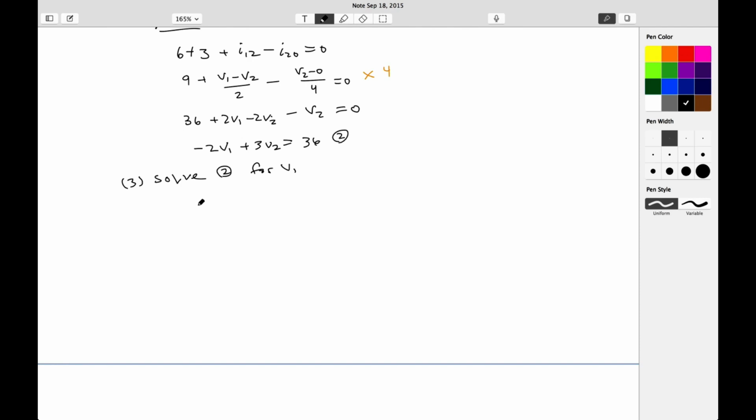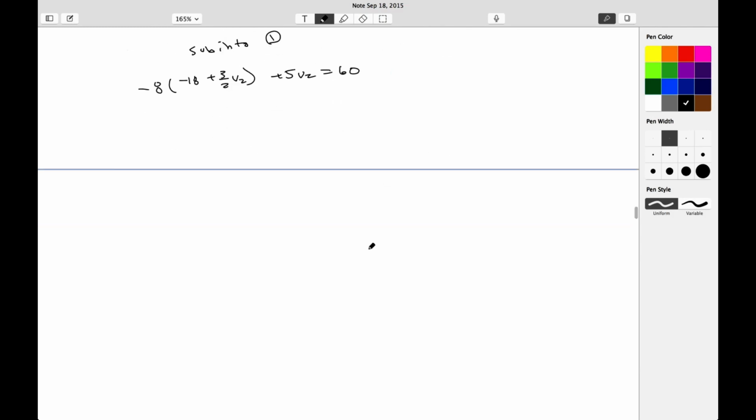I should get that V1 is equal to 36 minus 3V2 divided by minus 2, which is equal to minus 18 plus 3 halves V2. And then we'll sub this into equation 1. When I do that, I get minus 8 times minus 18 plus 3 halves V2 plus 5 V2 is equal to 60.